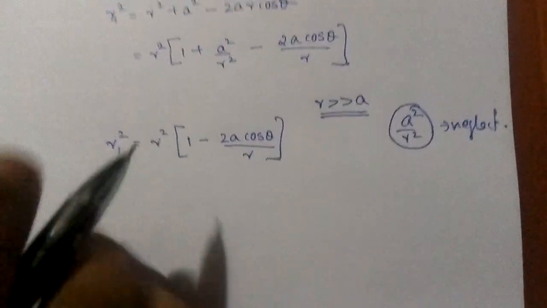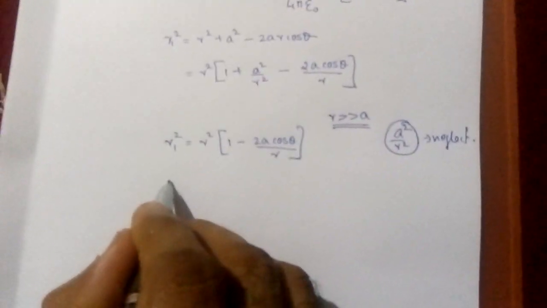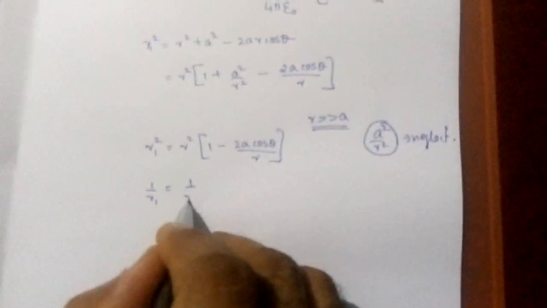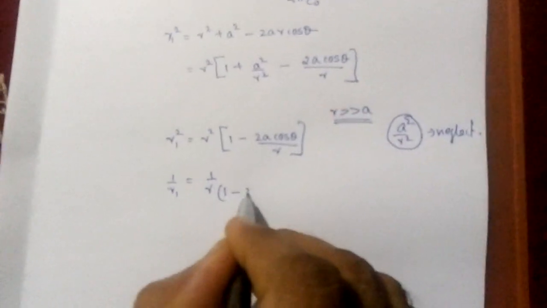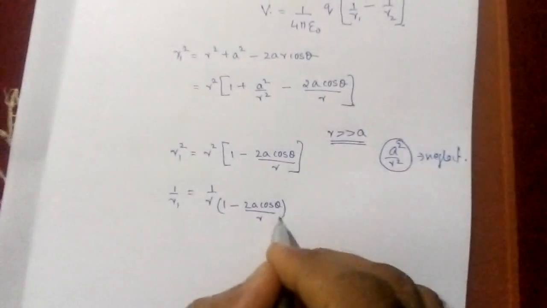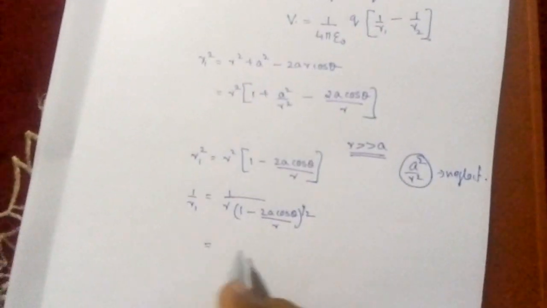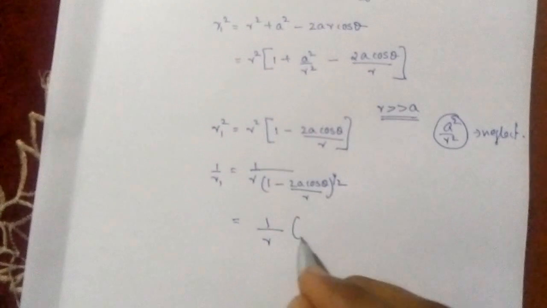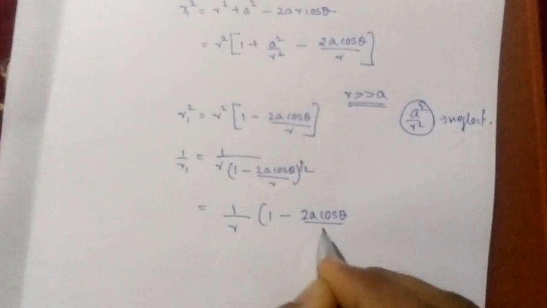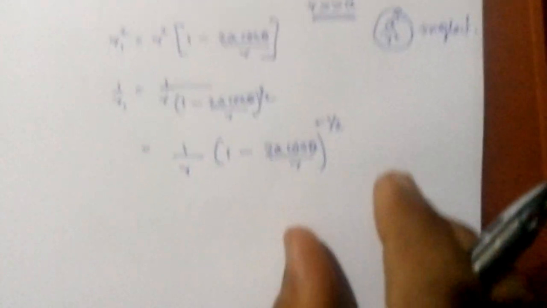So we got R1 squared as R squared into (1 minus 2A cos theta divided by R). Now we have to calculate 1 by R1. We can represent it as 1 by R into (1 minus 2A cos theta by R) whole to the power minus 1 by 2.